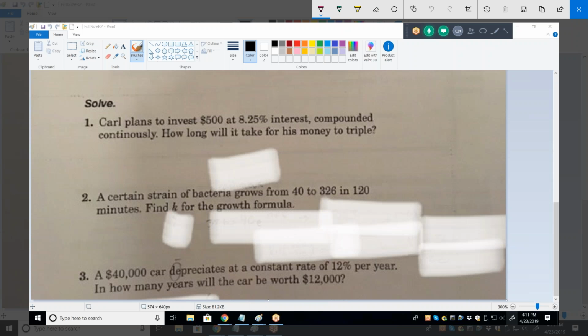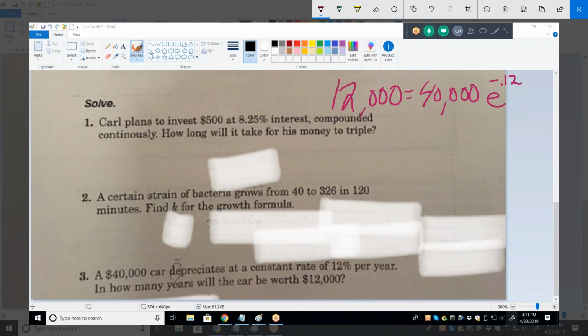Okay, so it's going to follow A equals P e^(RT). So 12,000 is equal to 40,000 times e, and since it's depreciating, is it going to be negative R? Yes, just like that.